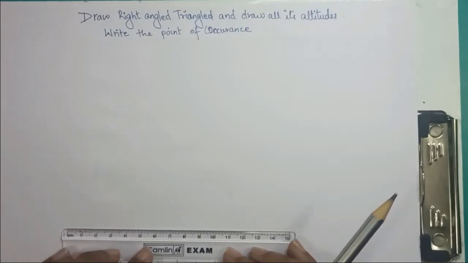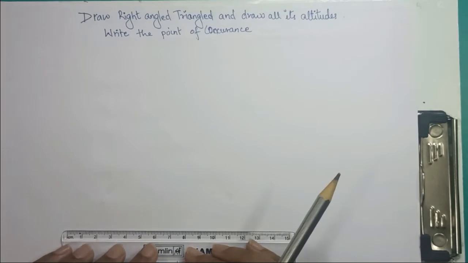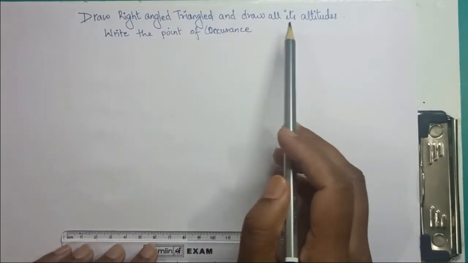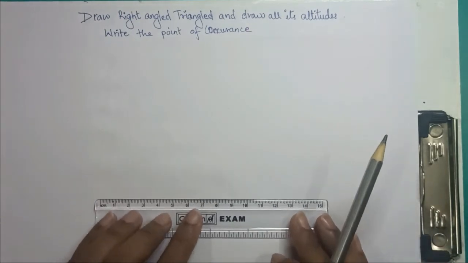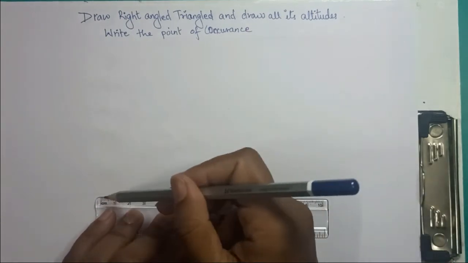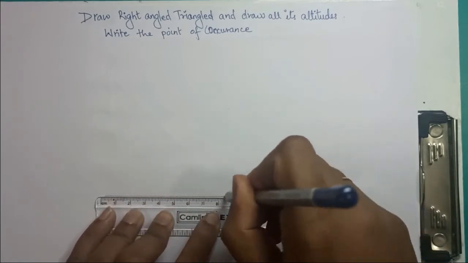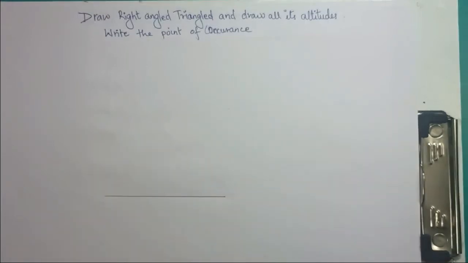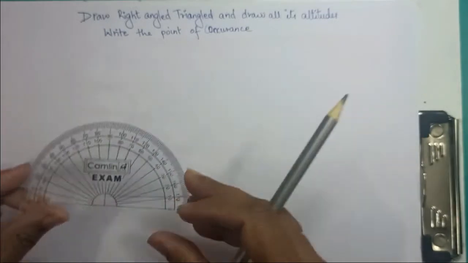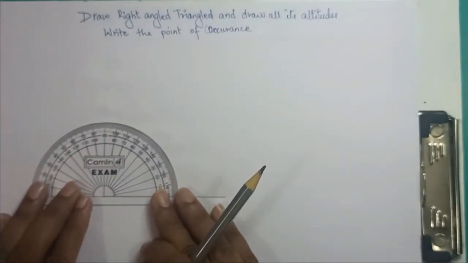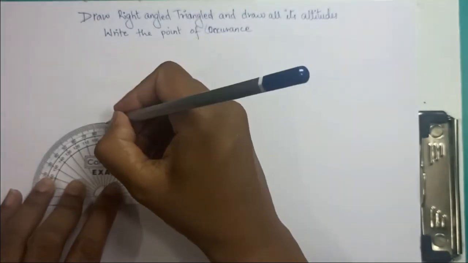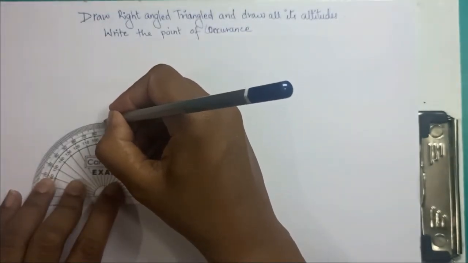Hello children. Now we are going to draw a right angle triangle and we are going to draw all its altitudes. So let us draw. I am using this protractor to mark the right angle. We keep it on this point and the right angle is 90 degrees.